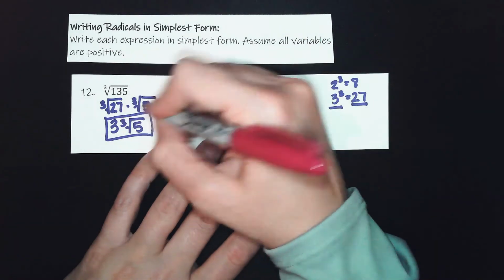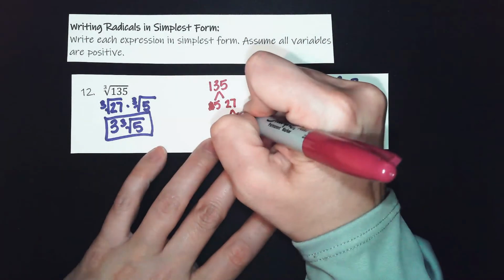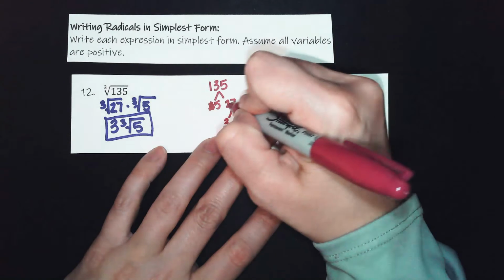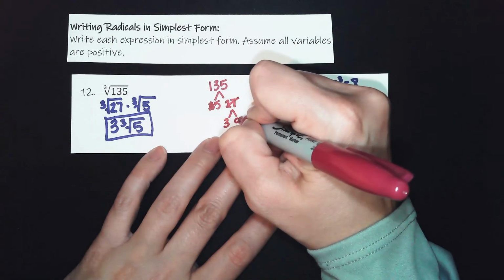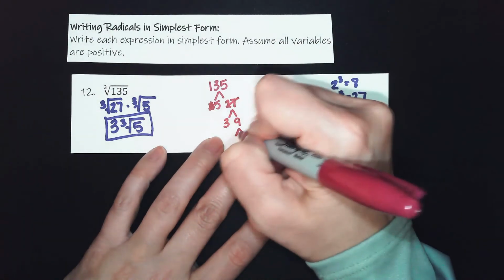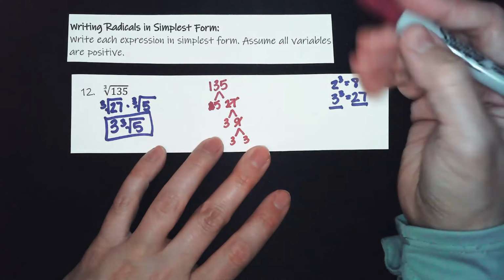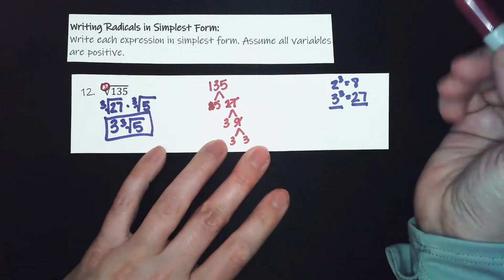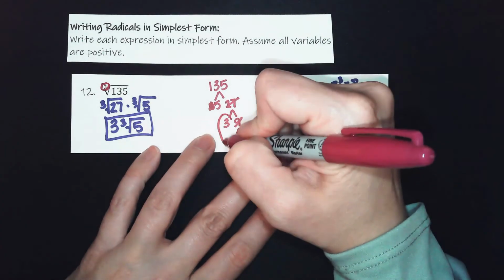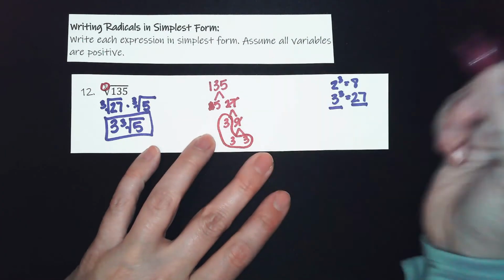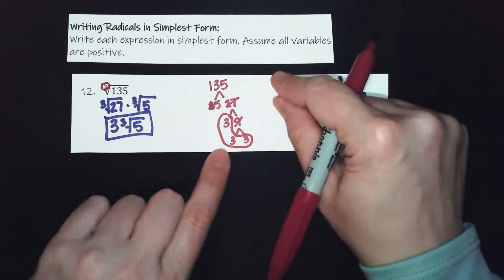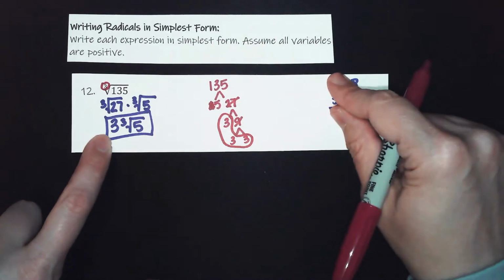Oh, well, yeah, I guess I showed that right there, didn't I? Okay, and then 3 goes into 27 9 times. 3 goes into 9 3 times. Now I'm left with all prime numbers. Now because this was a cube root, I want a group of 3. Here's 3 3s. That's what comes to the outside of my root.